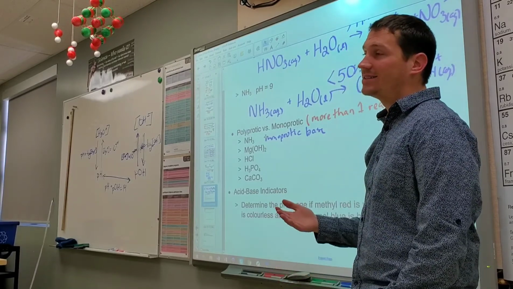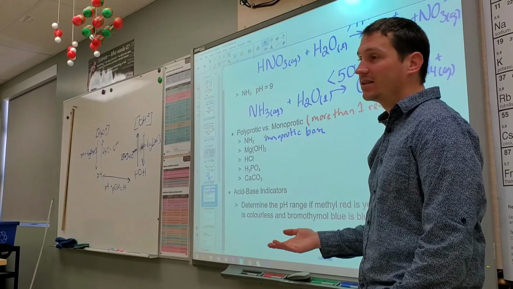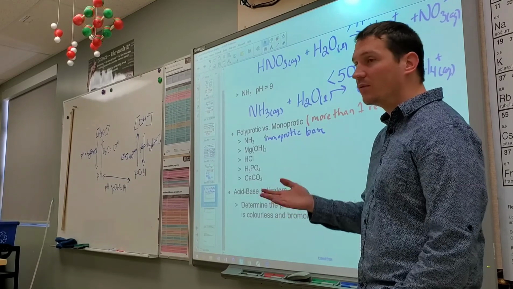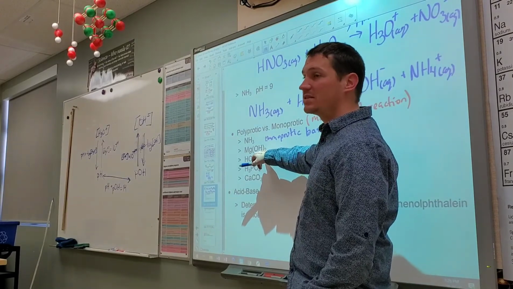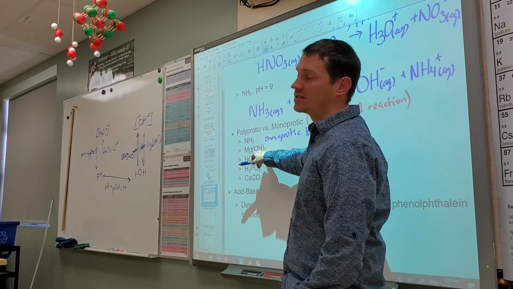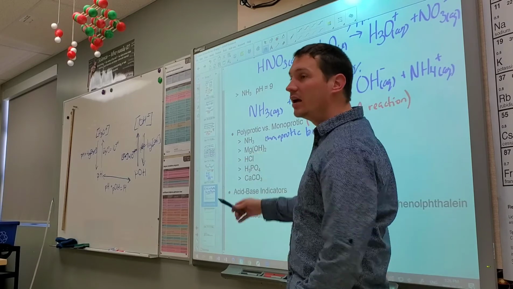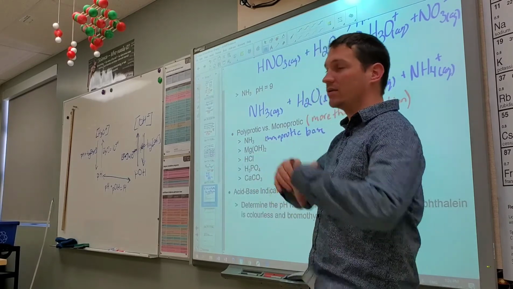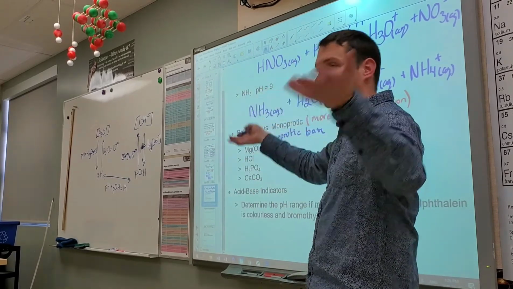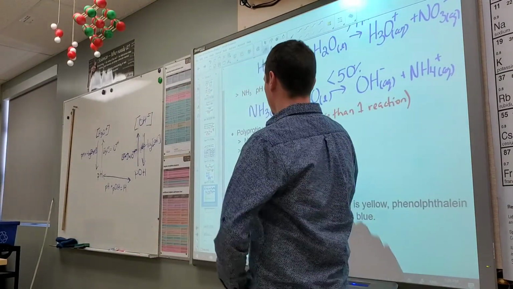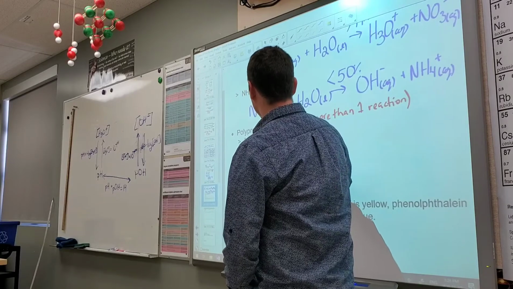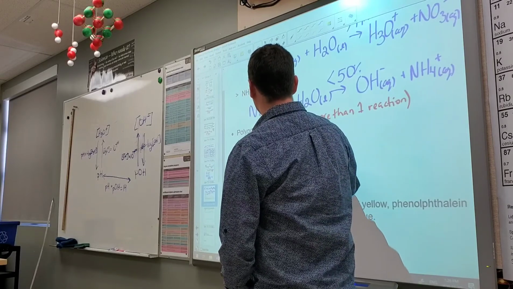And water can technically react, but not really. I need you to understand that this as a strong base, it's not considered to be polyprotic, okay? It reacts to make water, and water is the most neutral thing in the world, so we're not going to say that it's going to give up a proton in very many situations. So we say that this is a monoprotic base.